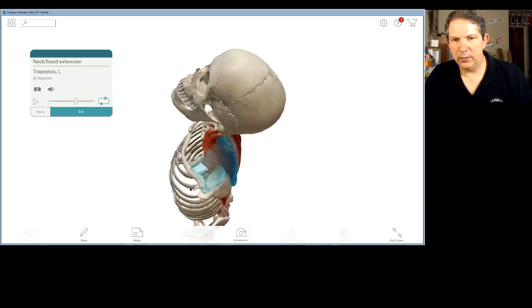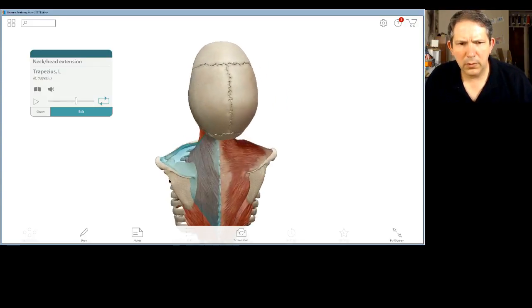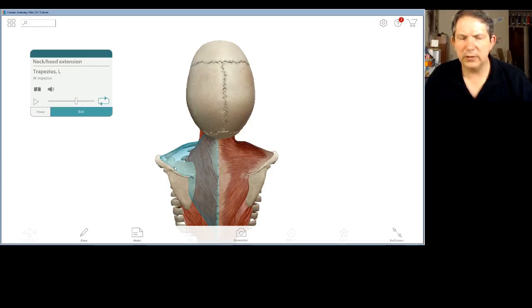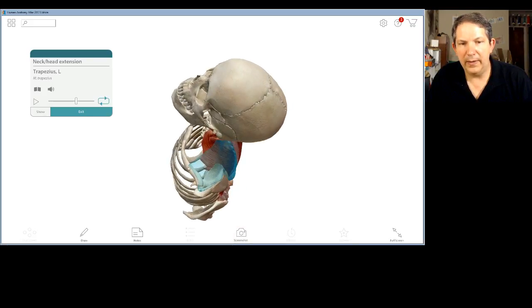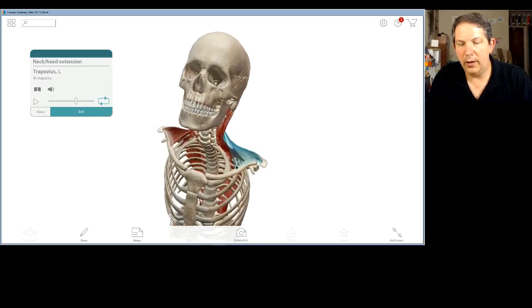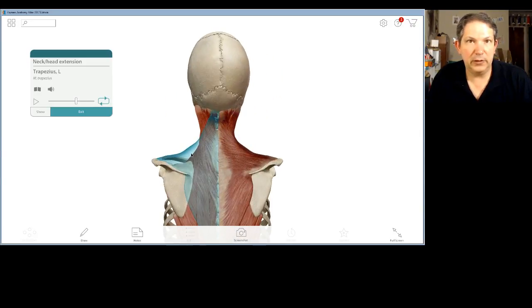and there's the spine. That's not the crest. The spine of the scapula, all the way to the acromion, and then the lateral part of the clavicle. Okay, so the trapezius muscle, we think of it as involved in rowing.